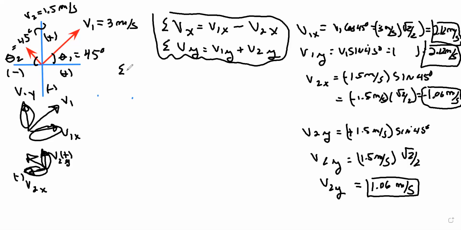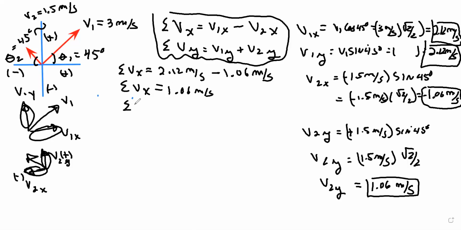The summation of the vectors in the x direction is going to be v1 in the x direction, which is 2.12 meters per second, minus v2 in the x direction, which is 1.06 meters per second. And that's going to give you the summation of vectors in the x direction is going to be 1.06 meters per second.